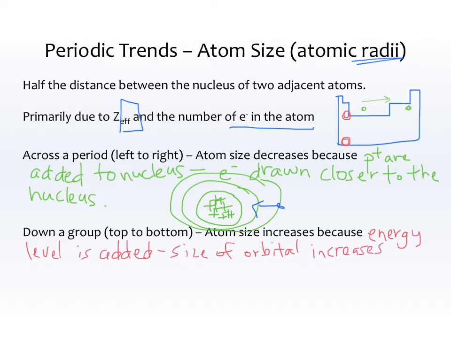With every layer that's added, the radius increases. Outer electrons experience a greater shielding effect, which means that they have a lower effective nuclear charge.